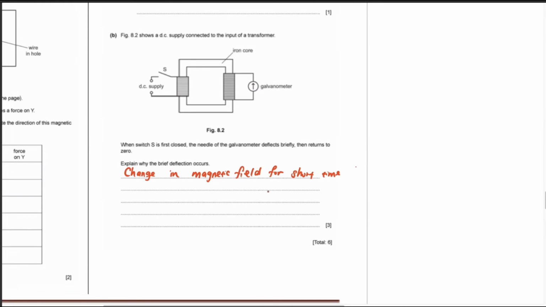Then after that, second point, you write: changing magnetic field causes field lines to cut the secondary coil.